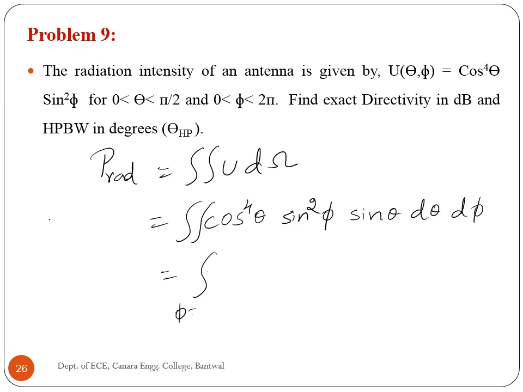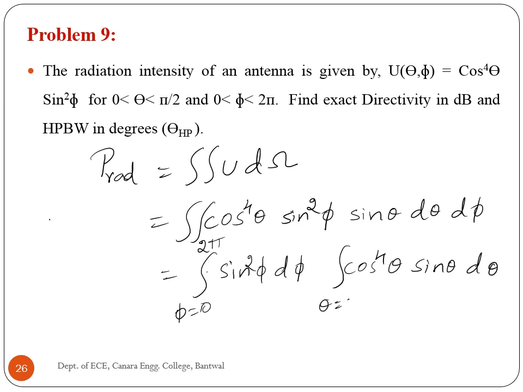This is the integration of sin square phi d phi, where phi is 0 to 2 pi, times the integration of cos to the power 4 theta sin theta d theta, where theta is 0 to pi by 2.